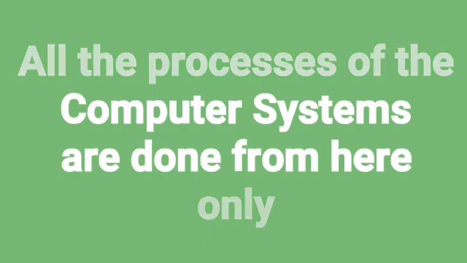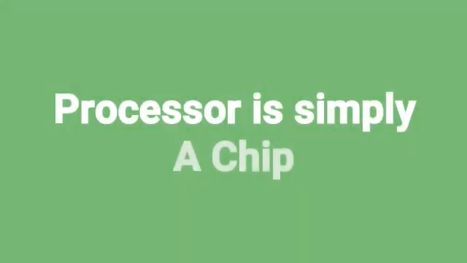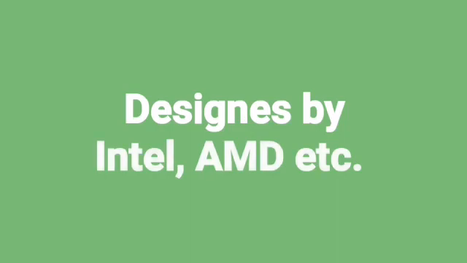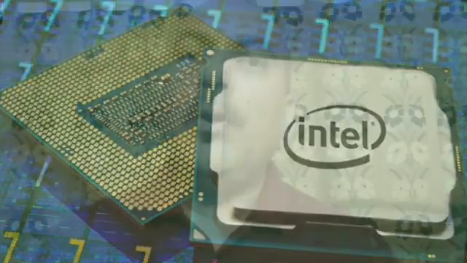And what that microprocessor is, it is simply a chip, a computer chip, which is designed by Intel, AMD, all these companies. That small chip is responsible for the functioning of a computer.